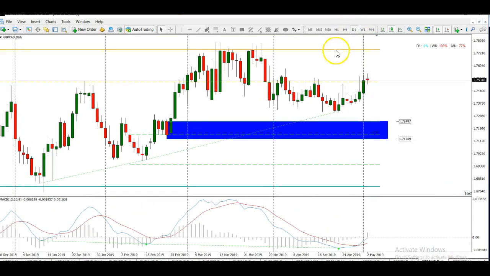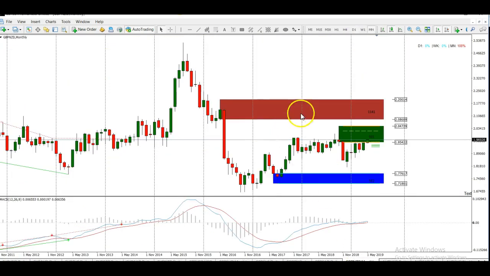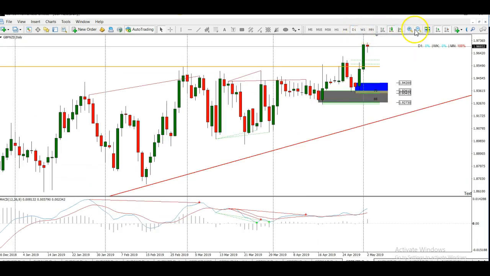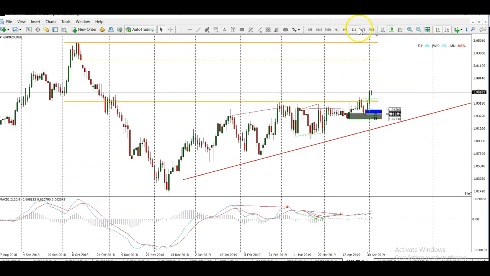Pound CAD. Again, nothing on it. Pound Kiwi. Okay, so inside of the weekly here.